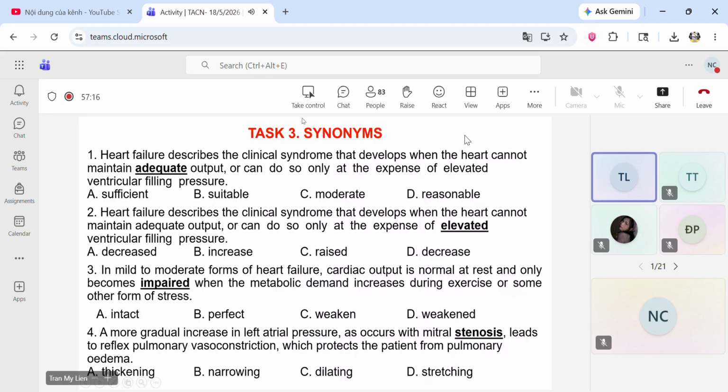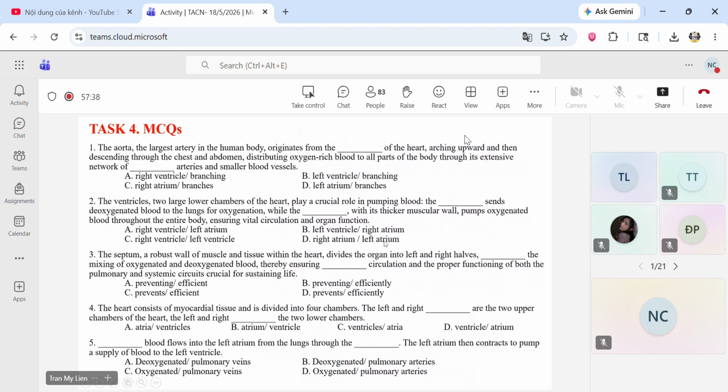That's three, synonyms. That's four, MCQs.